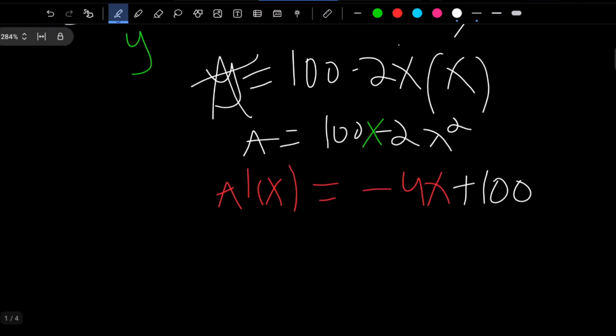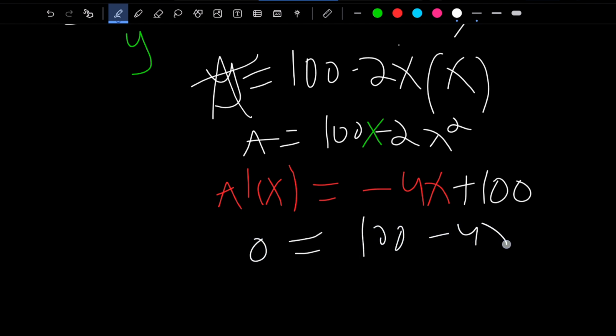Set equal to 0. 0 equals 100 minus 4x. When you solve for x, you get x equals 50. Or sorry, you get 25 for x.